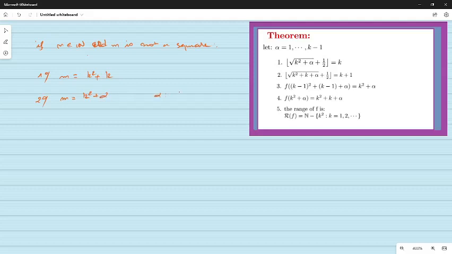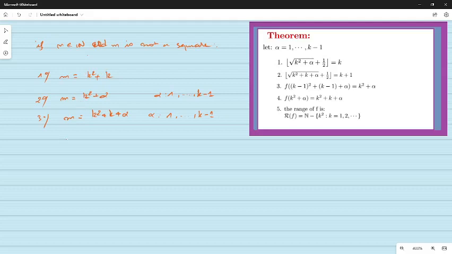Alpha goes from 1 to k minus 1 here. Or M has this form. These are the three possible forms if we suppose that m is not a square.